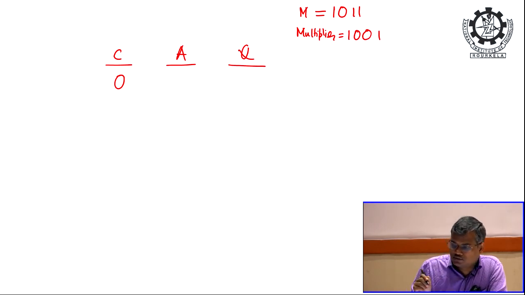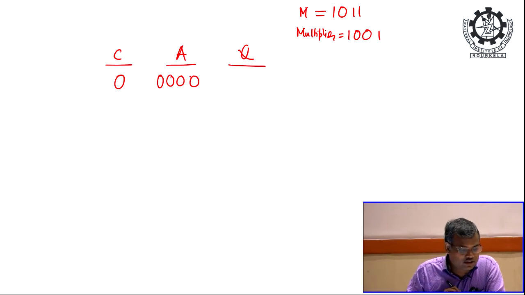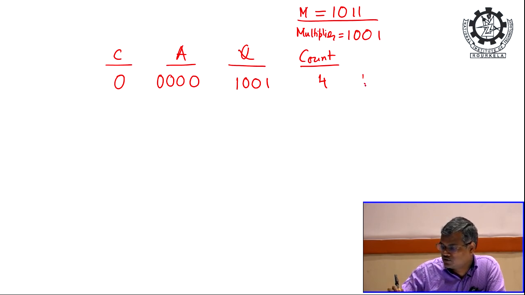Okay. So, first step, C is 0, A is also 0, but we should have 4 bits. Okay. And what is Q? Q is the multiplier, so we have 1001. Okay. And then we should have a count of how many bits. So, that is 4 bits. Okay. The multiplicand is also written here. Now, what do you do? So, this is the first step, that is the initial value.